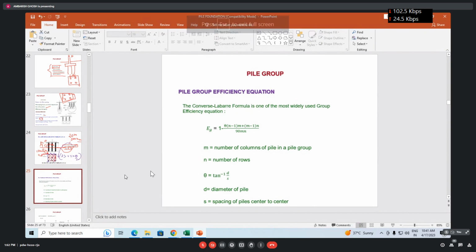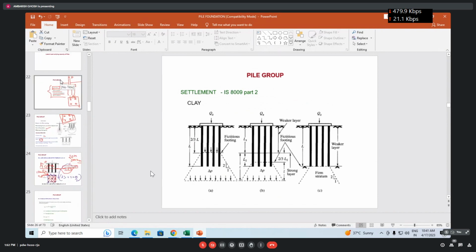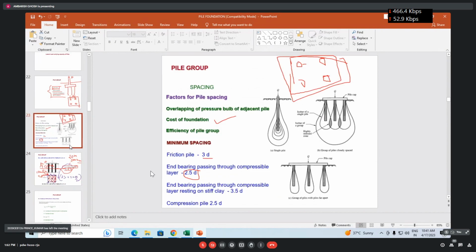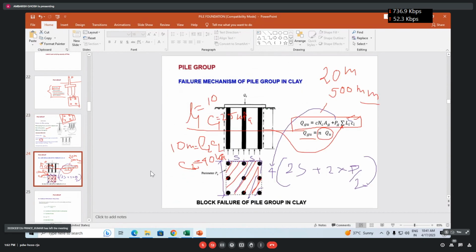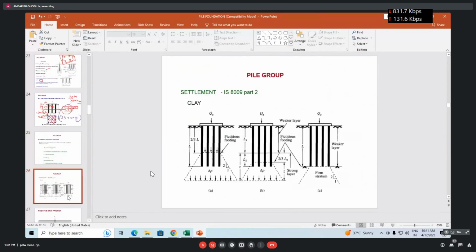Okay. So we have got the spacing. How to decide the spacing we have discussed. Then the failure mechanism and the group capacity, pile group efficiency. Then let us go for settlement calculation.